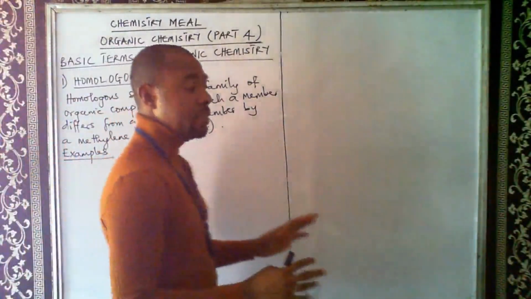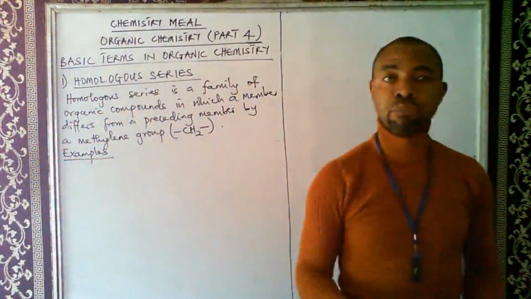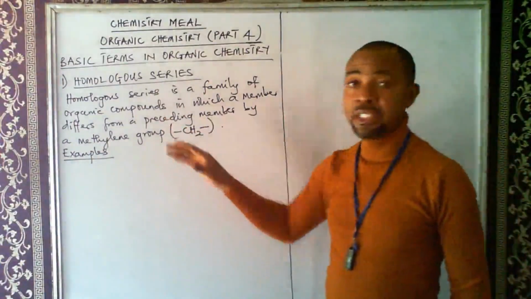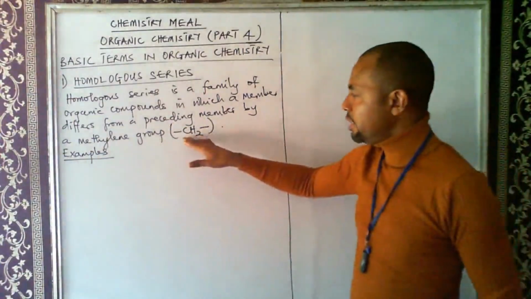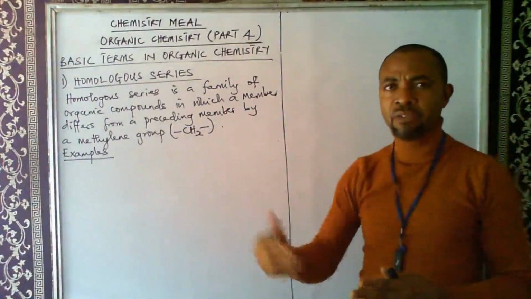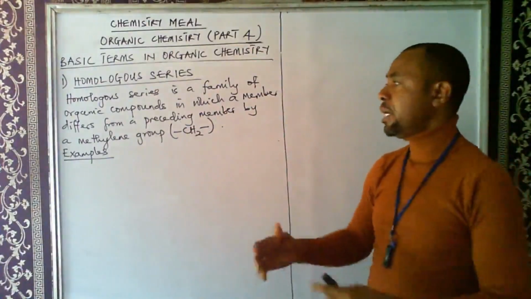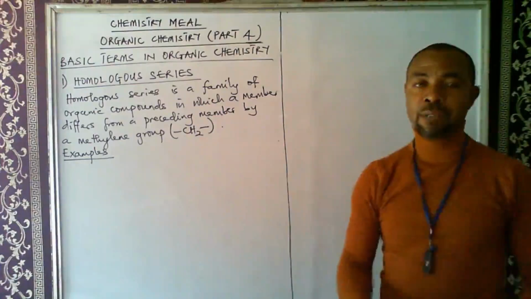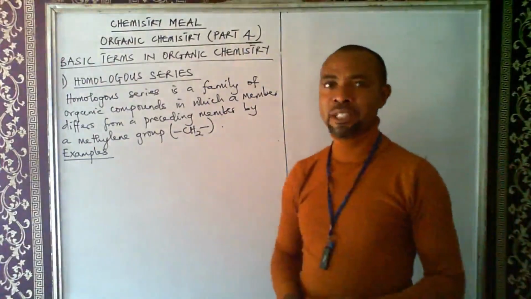Remember, I said that when we start looking at the characteristics of homologous series, we are going to explain this further, because I know you are wondering whether we have organic compounds that differ from the preceding compound by a methylene group. Yes, we have. We are going to see that. So just calm down, don't worry so much about the methylene group.